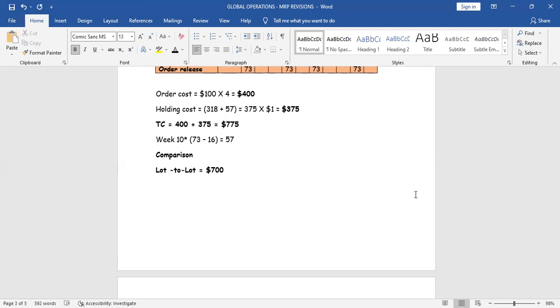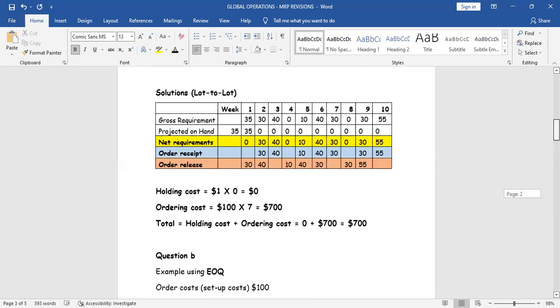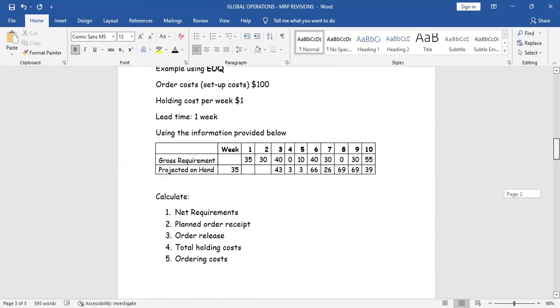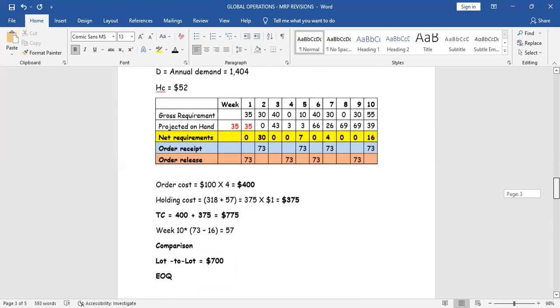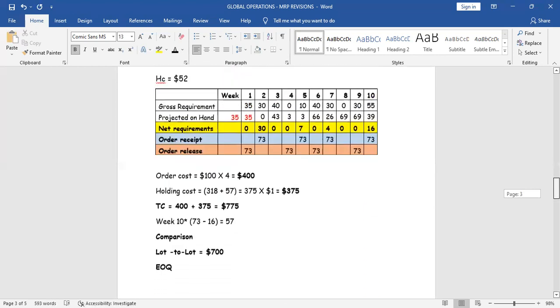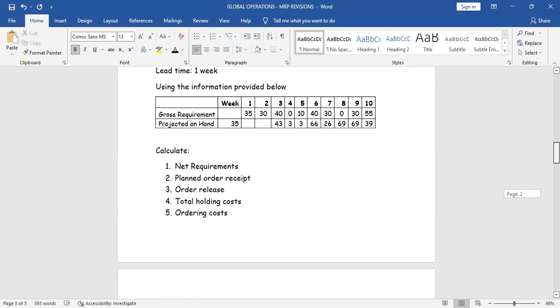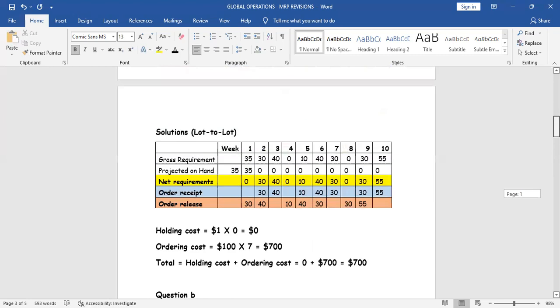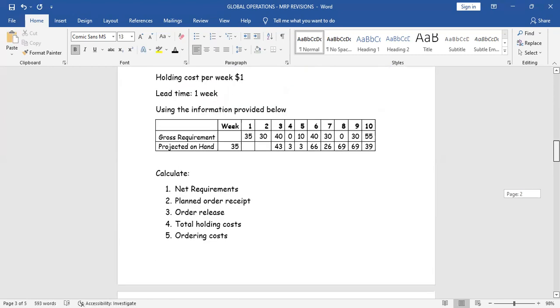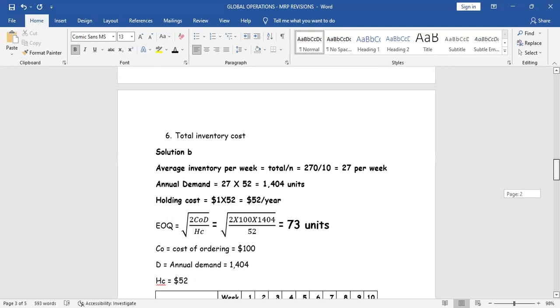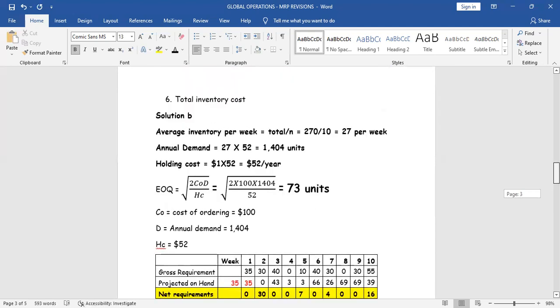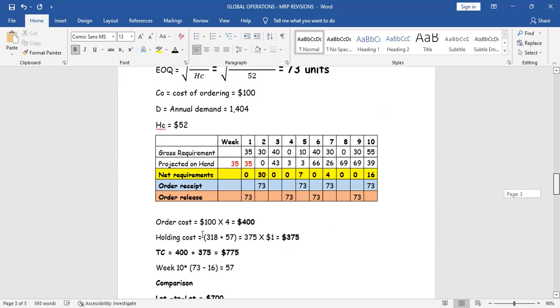Under EOQ, the total cost was, this is EOQ. Who is EOQ? Oh, sorry. Okay, under EOQ, the solution is here. Under EOQ, the total cost is 775.